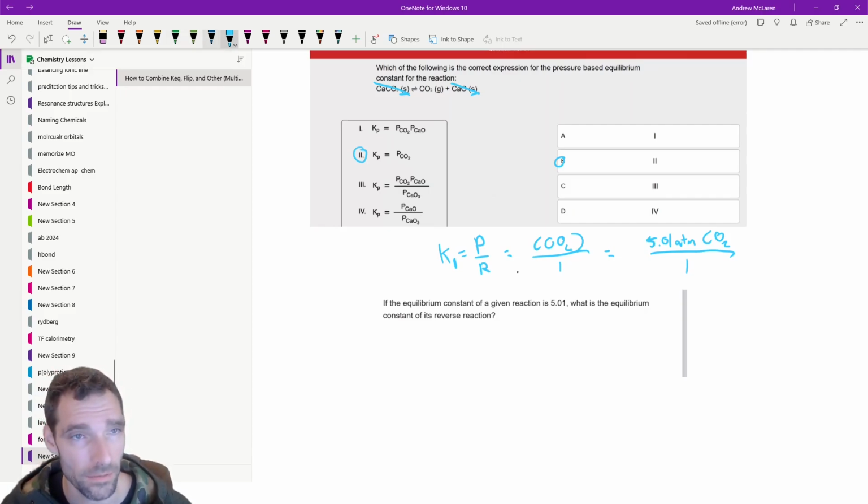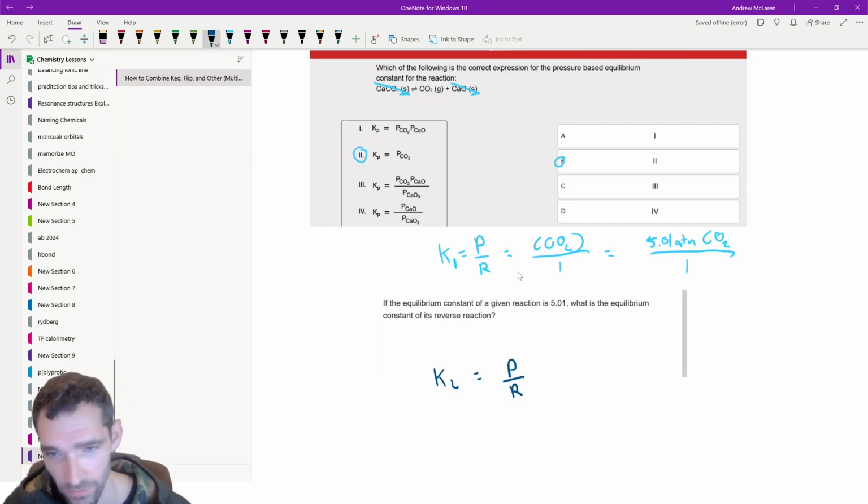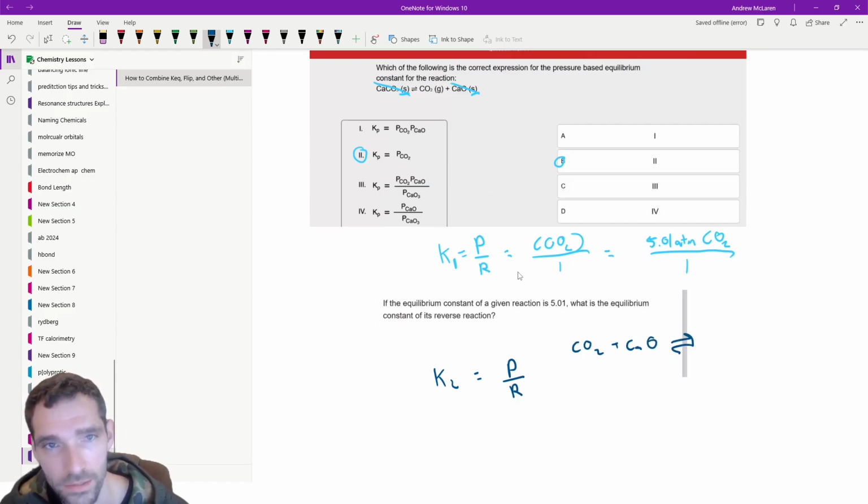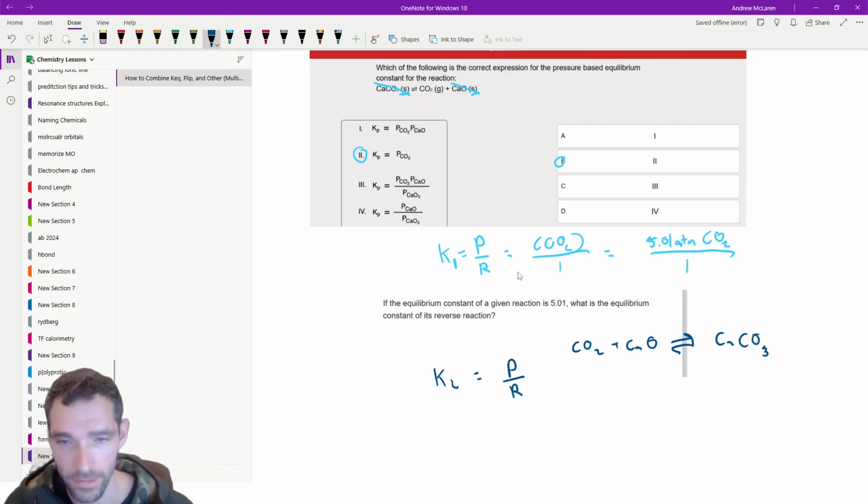Now, if we're talking about the reverse reaction, I'm going to call this K2. This is going to be for its products over reactants, which is the opposite of the reaction above. So if we're talking about CO2 plus calcium oxide reacting to form this calcium carbonate, now this number is a reactant, so it needs to be down here in the K expression where it's appropriate.